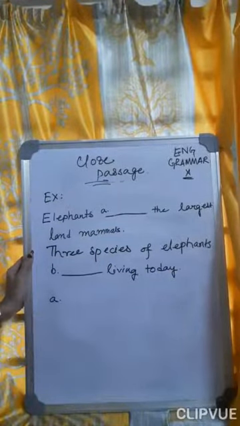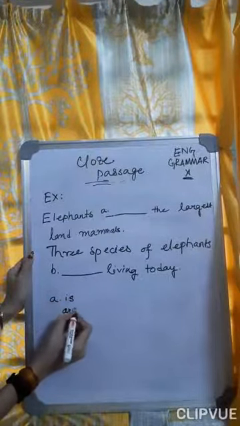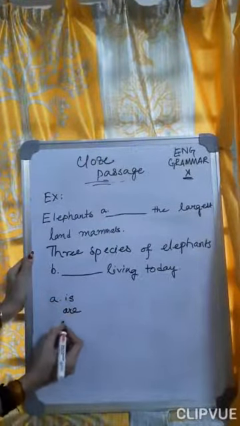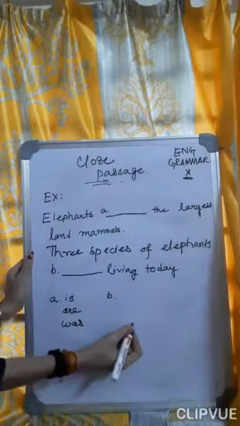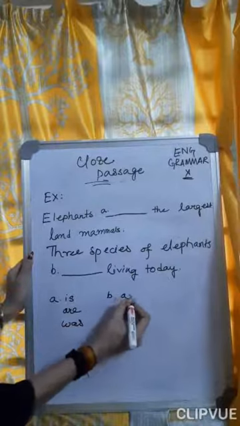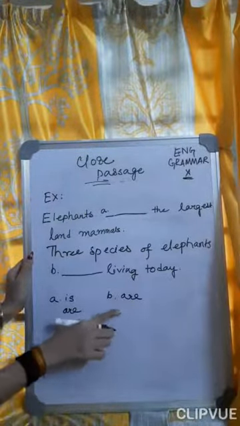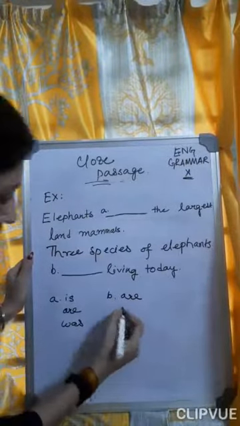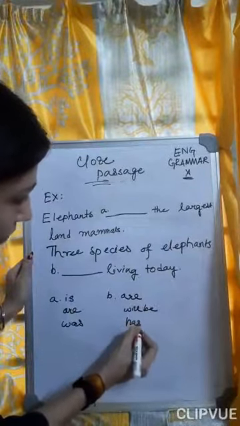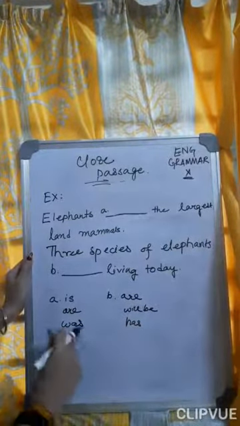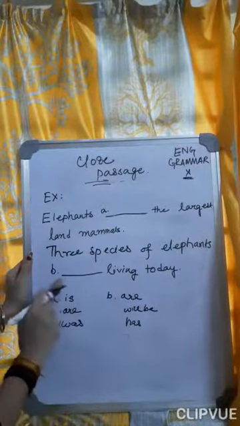In your A portion there will be three options: is, are and was. And in your B portion there will again be three options: are, will be, has. So here are three options for the A dash and three options for the B dash.